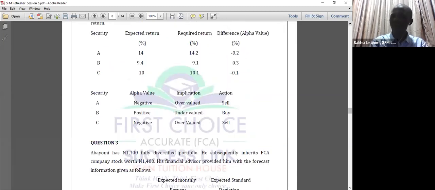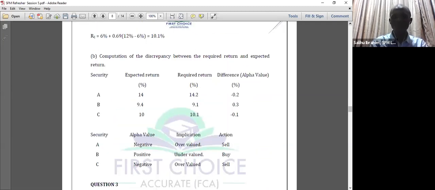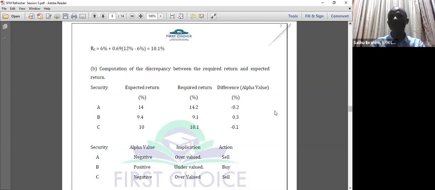Now, the difference between the expected return and the required return is what we call the alpha value. Okay? The difference between what? Expected, not other way around, please. If you do required return minus expected return, you will come up with a wrong conclusion. So it must be expected return minus required return. Okay?